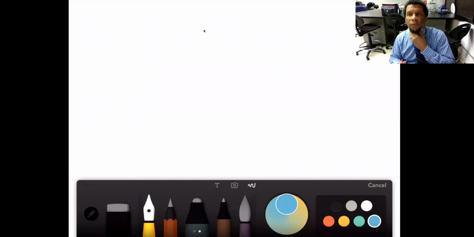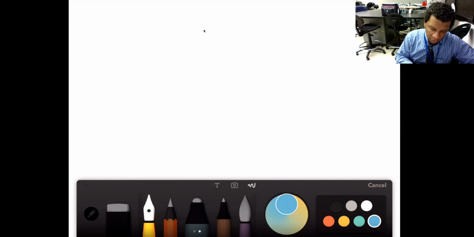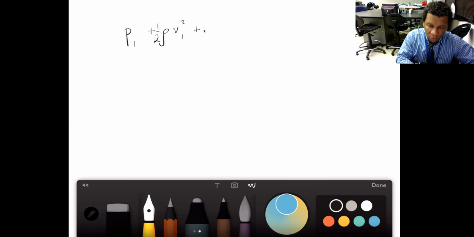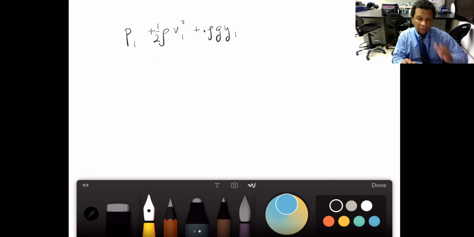Okay, so this is how Bernoulli's equation looks. It's basically pressure plus, I think it's 1/2 rho v squared, 1, plus rho g y, 1. And basically this is going to be like an input.